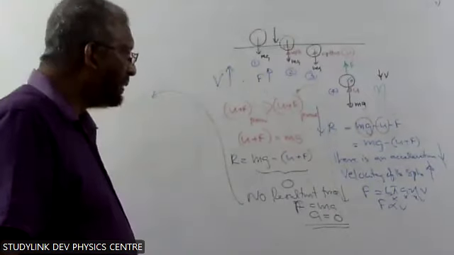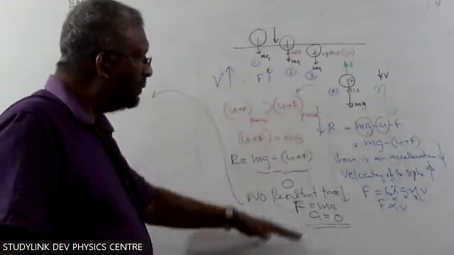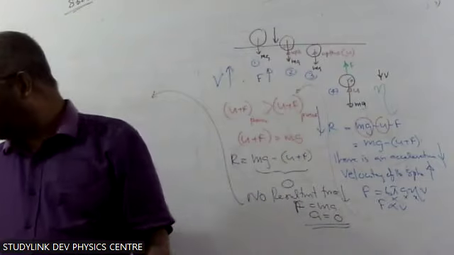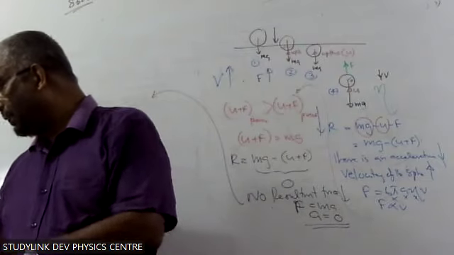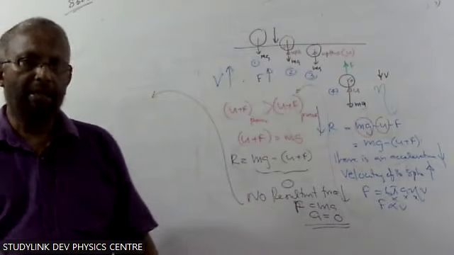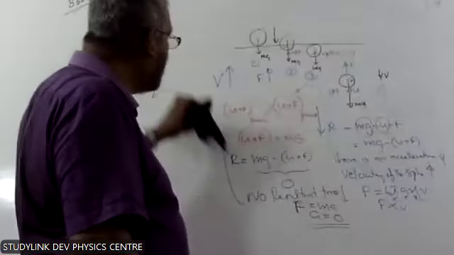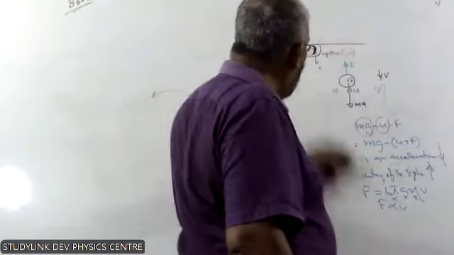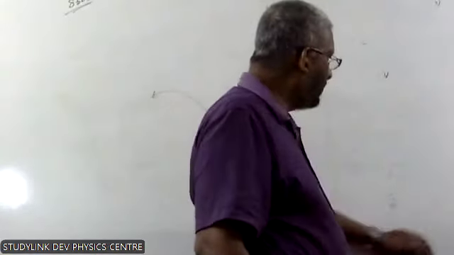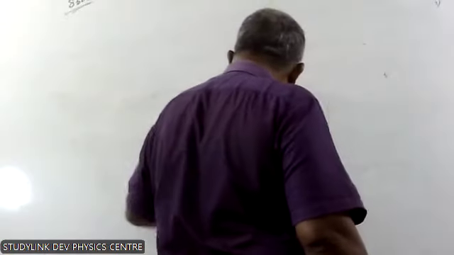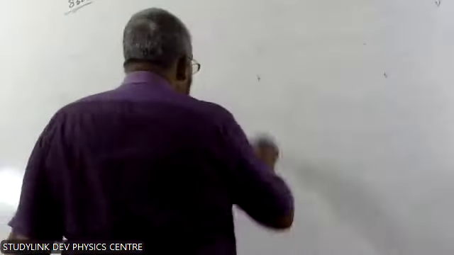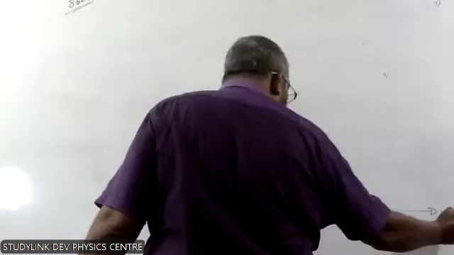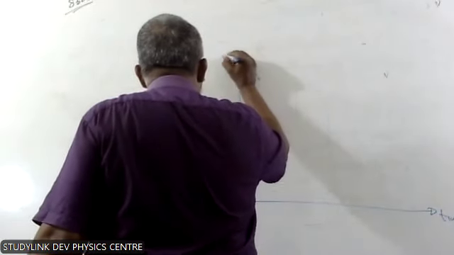Now we can understand what's happening when the sphere is falling down. Consider a velocity-time graph for this motion. Here t is time, this is velocity.